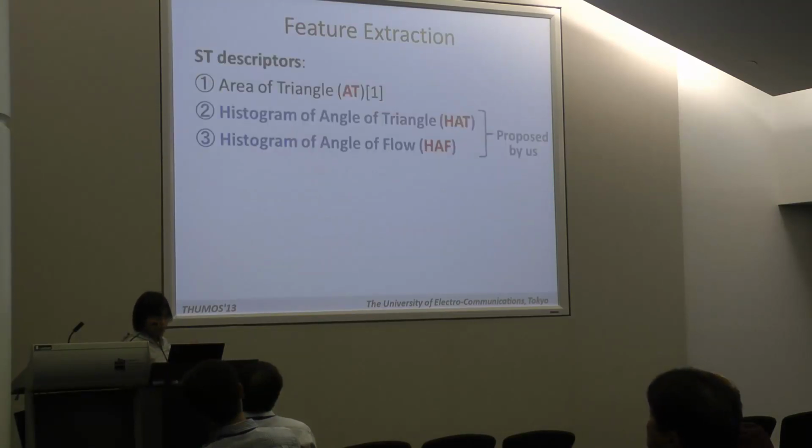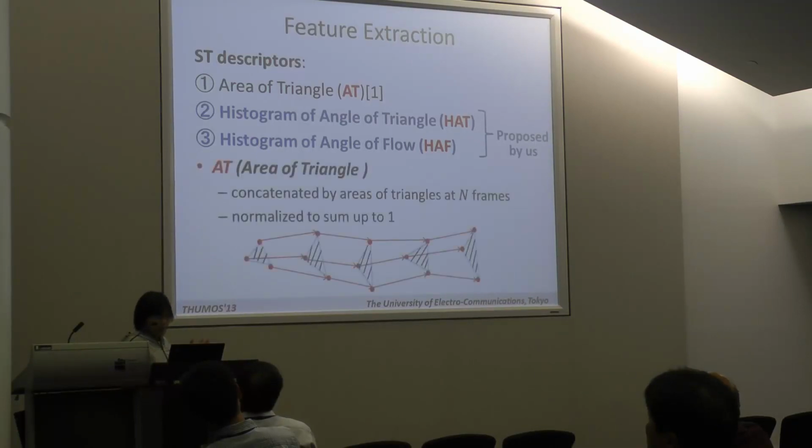For spatio-temporal descriptors, we extract the three following descriptors. The area of the triangle is formed by combining the areas of the triangles, following the baseline. And we propose two novel descriptors that we call the histogram of angle of triangle and the histogram of angle of flow.